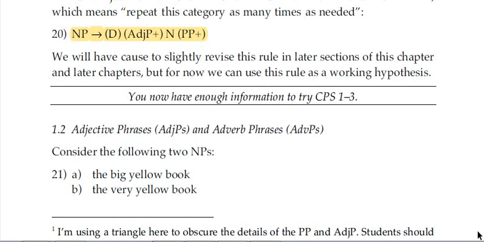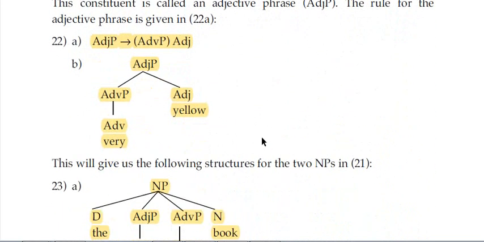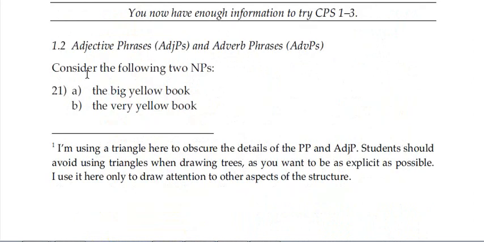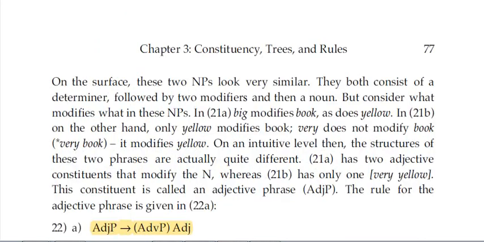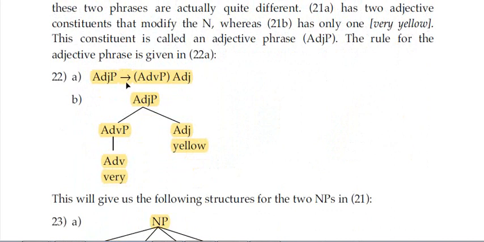Okay, now let's go to adjective phrase. So just like this one, we have adjective phrase. So just like noun phrase, adjective phrase at least consists of only adjective. But if we want to add a modifier, adjective phrase can be added with adverb or adverbial phrase.